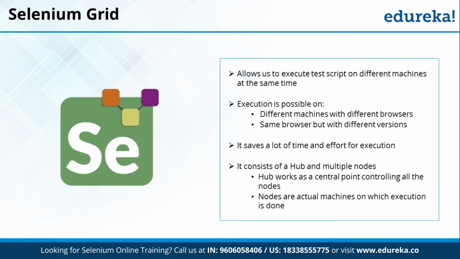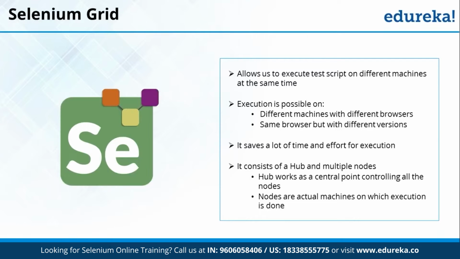Then of course, if I'm saying at the same time, that means on different environments I need to run test cases in parallel. Execution is possible on different machines with different browsers, and the same browser with different versions as well. It saves a lot of time and effort for execution. That's obvious. If I'm able to run my test cases in parallel on different machines, then I'm saving a lot of time.